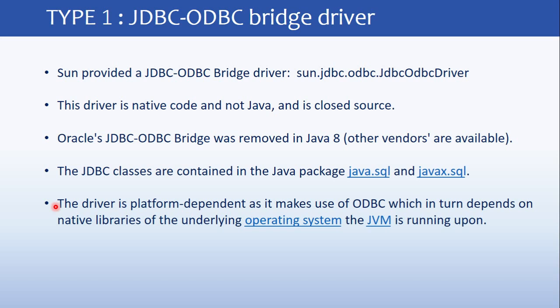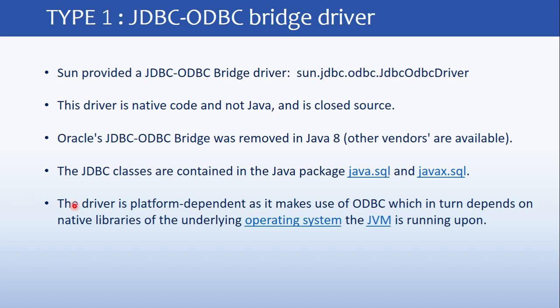The last point is very important. It says the driver is platform dependent, because the ODBC drivers are totally dependent on the kind of database we are using, and these ODBC drivers are also dependent on the operating system. If you have the Windows operating system, the kind of ODBC driver will differ from that of another operating system.